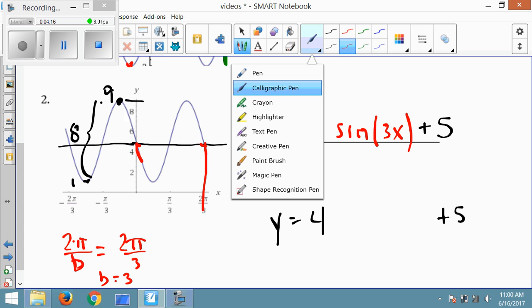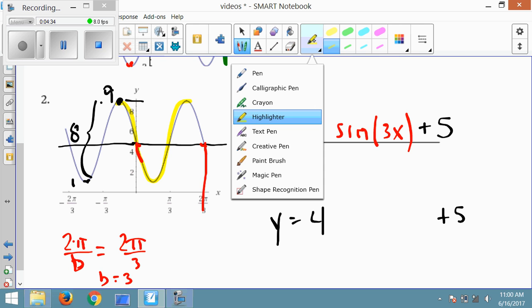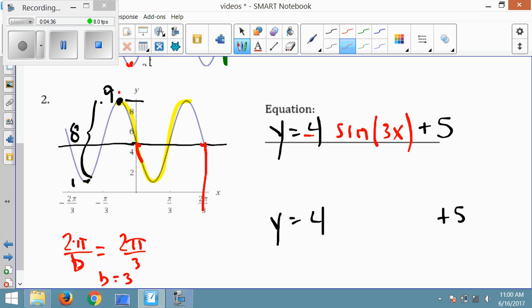Now if we had cosine, I'm going to highlight the cosine function so you can see it a little bit better. If we had a cosine function, we would look like that. And what we need to do is actually see how it's shifting.